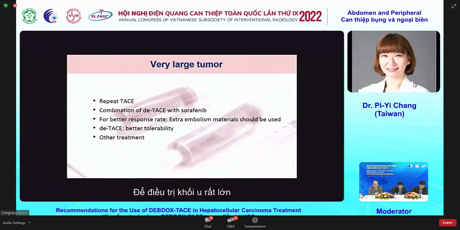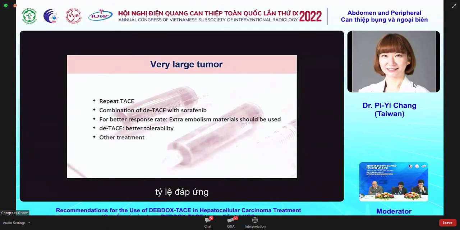So to treat very large tumors, we have a few options. We can continue TACE treatments if the patient can tolerate the repeated treatments and if we can control the tumors. Sometimes we can consider combining DEBDOX-TACE with TKI or immunotherapy.